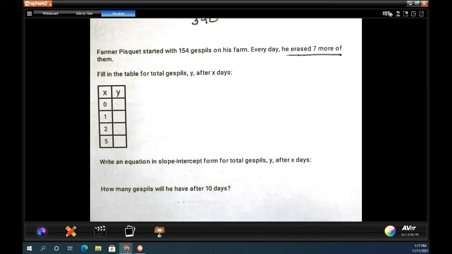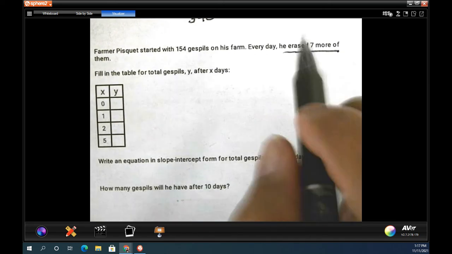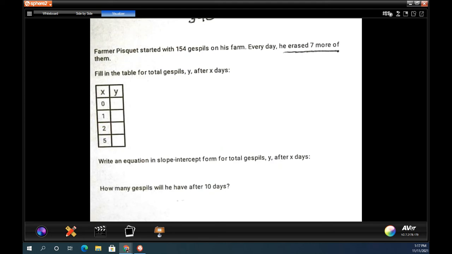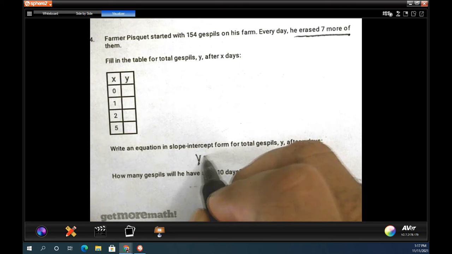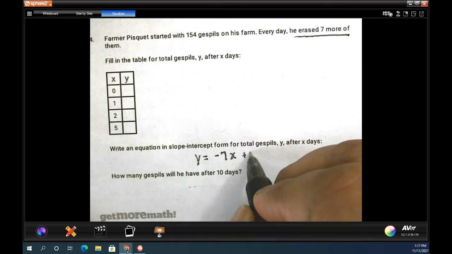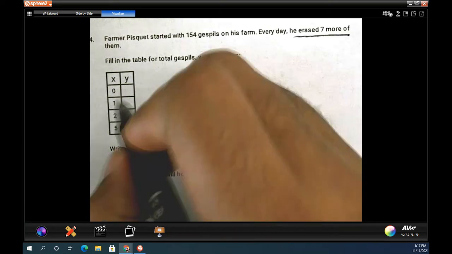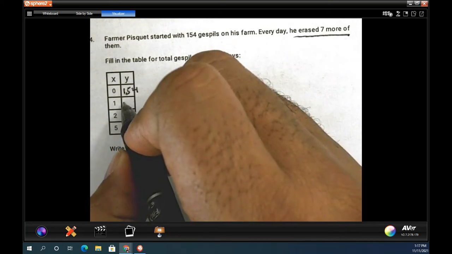Erased 7 more. What type of number did y'all use there? Negative, because erase means you're getting rid of. So your equation should have been y equals negative 7x plus 154. This one you should have gotten without the calculator. So that was 147.